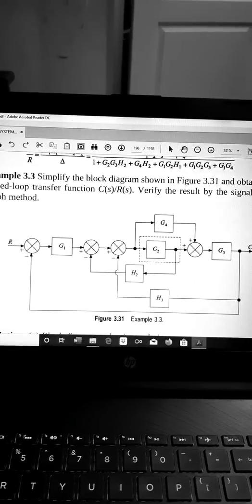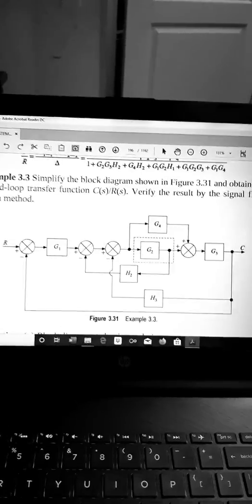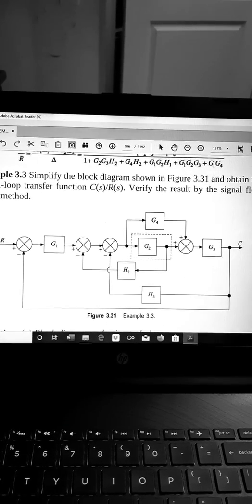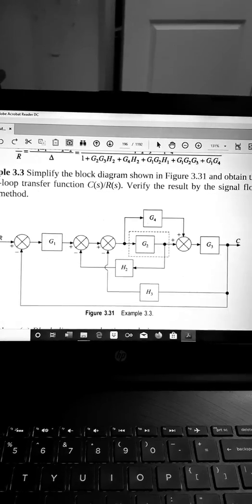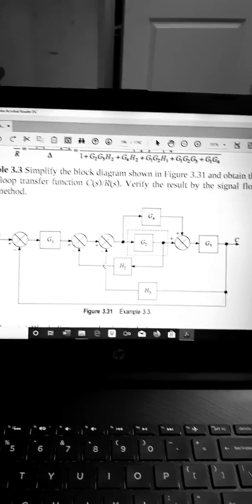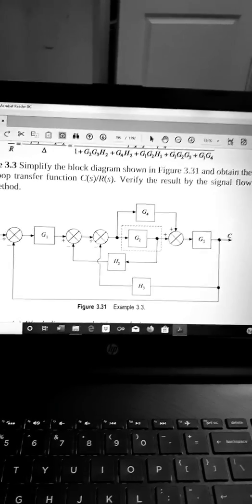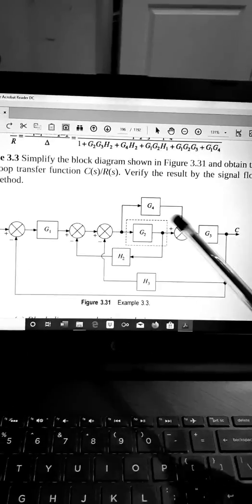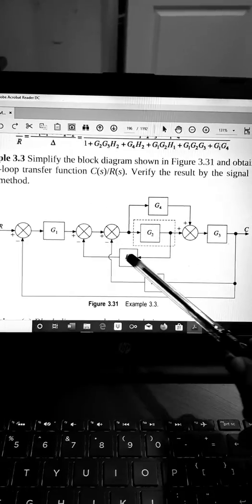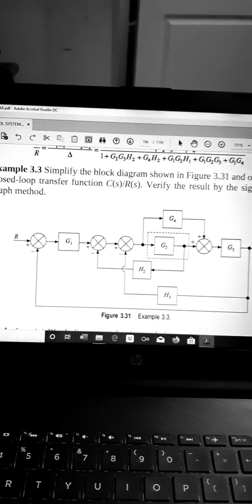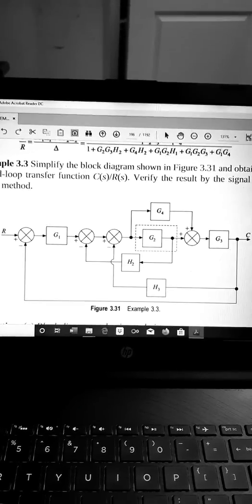Now, when you are observing the diagram, what you can see there is this feedback branching.